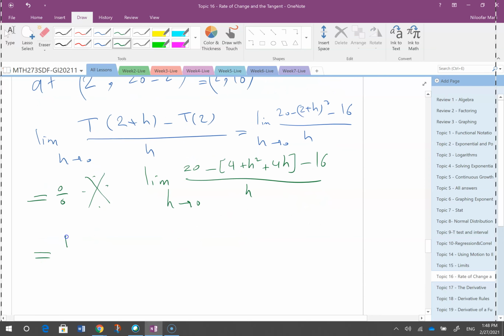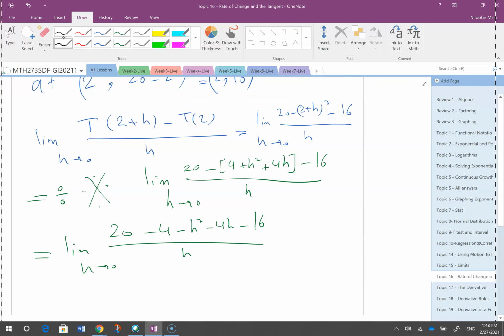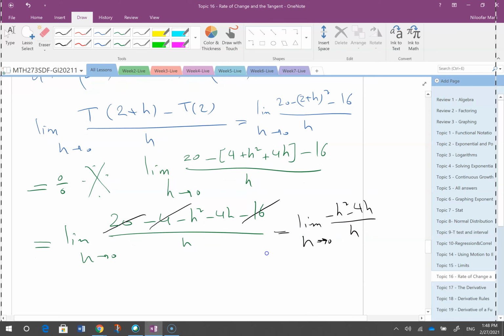Which is the limit of 20 minus 4 minus h squared minus 4h minus 16, over h. Then 20 minus 4 is 16, minus 16, they cancel each other, and I have the limit of minus h squared minus 4h, divided by h, as h goes to 0.